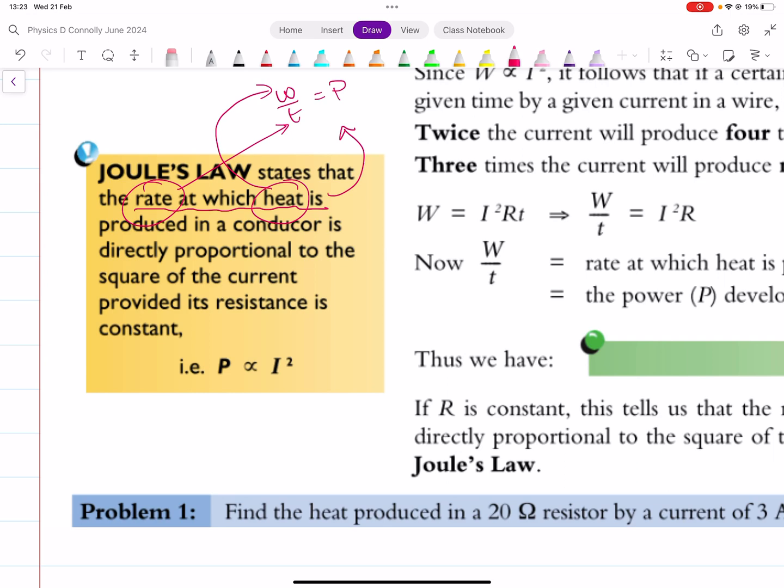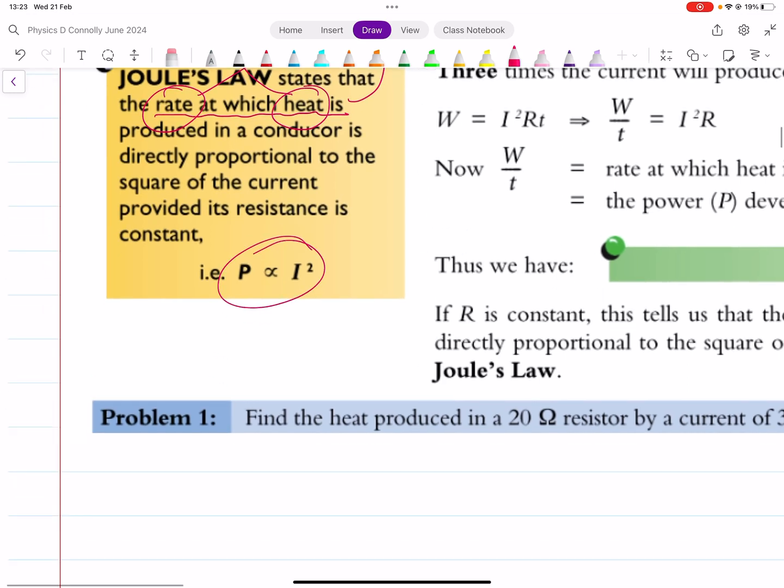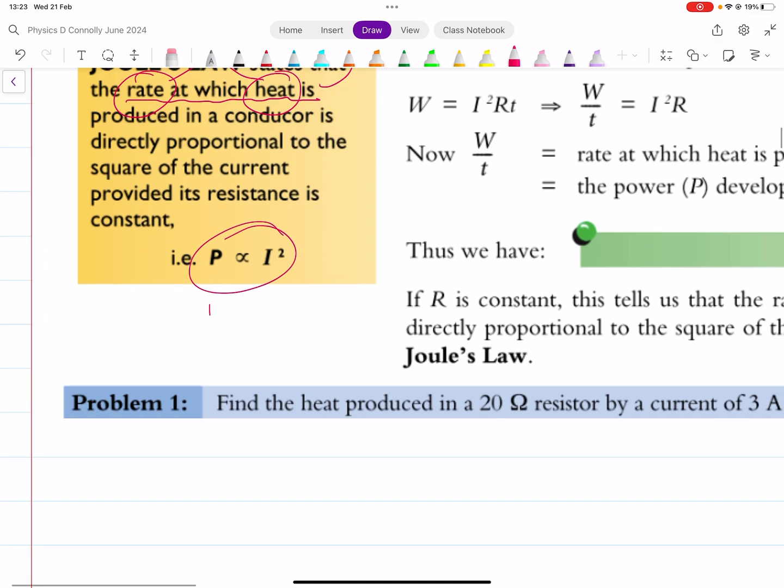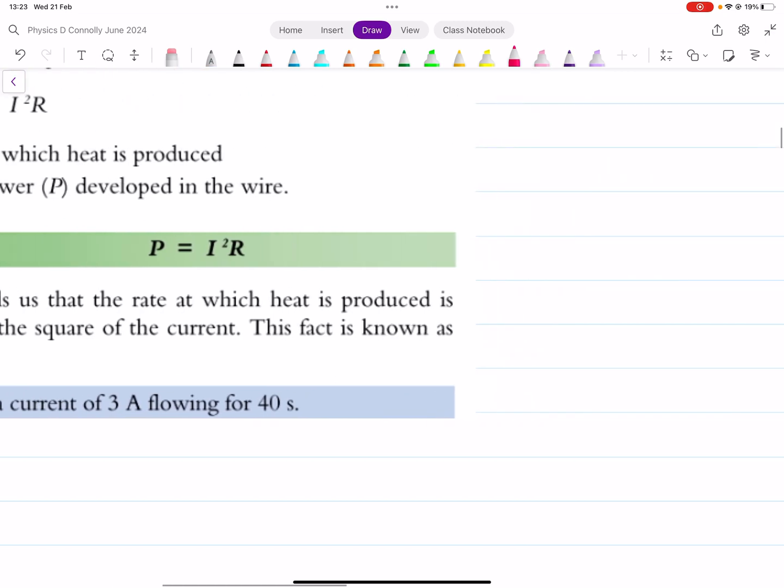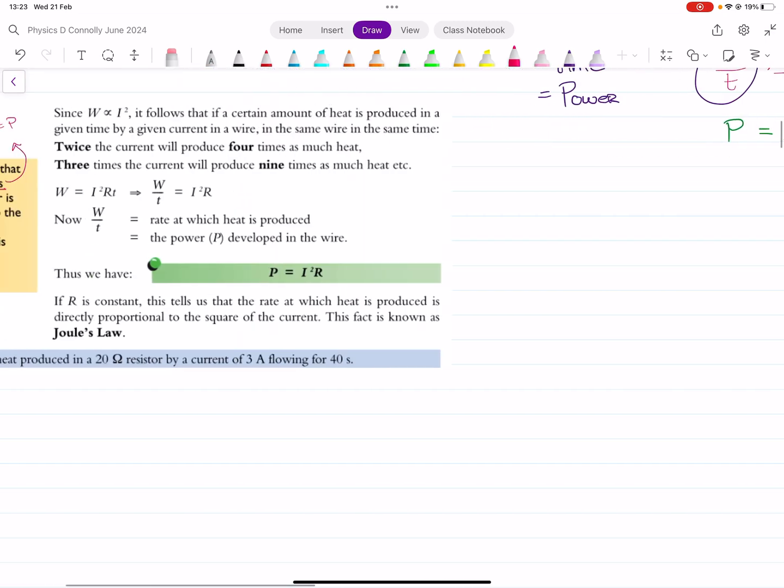So the rate at which heat is produced, work over time, or energy over time, which is power, is directly proportional to the square of the current provided its resistance is constant. Okay, so P is proportional to I squared, and then you introduce your constant, and that gives me the formula that I developed over here. Yeah?